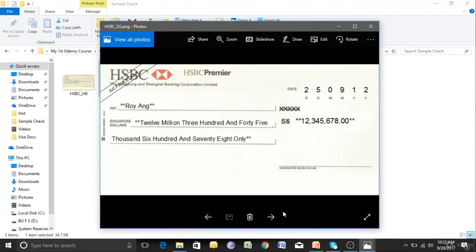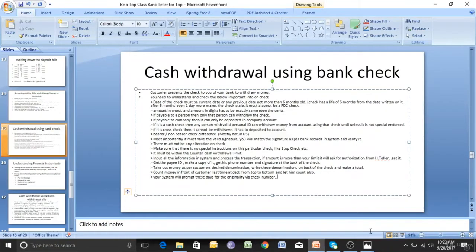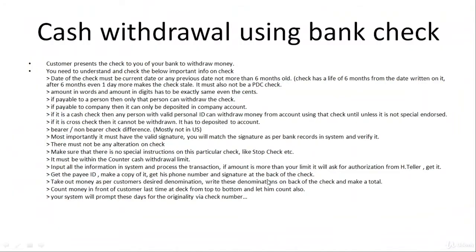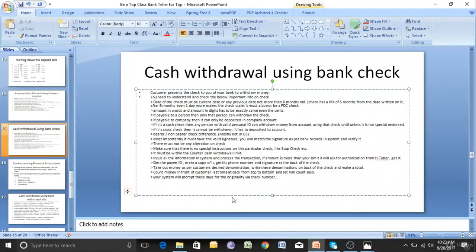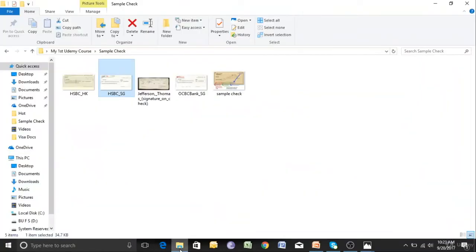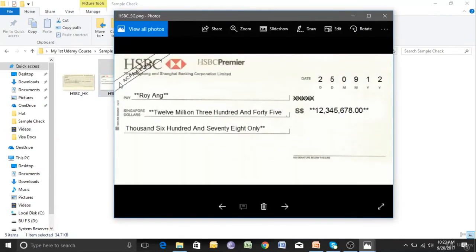So this also needs to be checked at the time of check payment, whether it is a cross check or not a cross check. Now, whether it is a bearer or a non-bearer check is also an important aspect. Let me explain that to you as well. See here, pay to Mr. Roy Ang, and then these words here are stricken off.